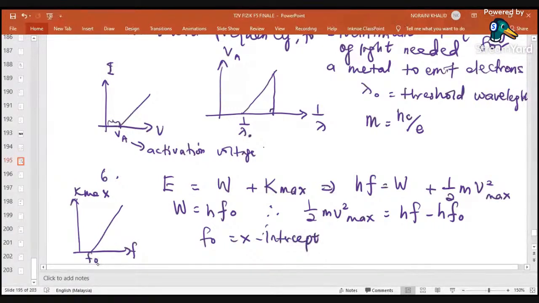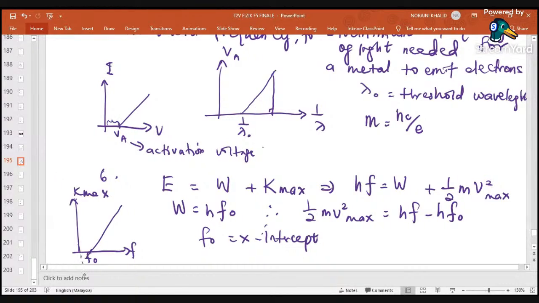If you want to determine the work function, you can extend the line below here. Sorry, this is the work function, W equals hf naught. Or you can just calculate W equals hf naught. So the work function is actually the negative y-intercept below here.